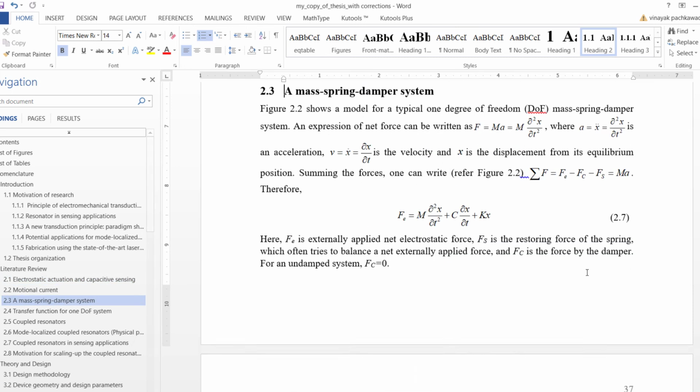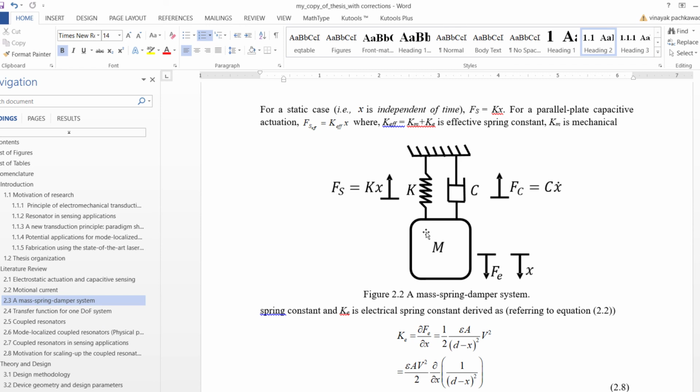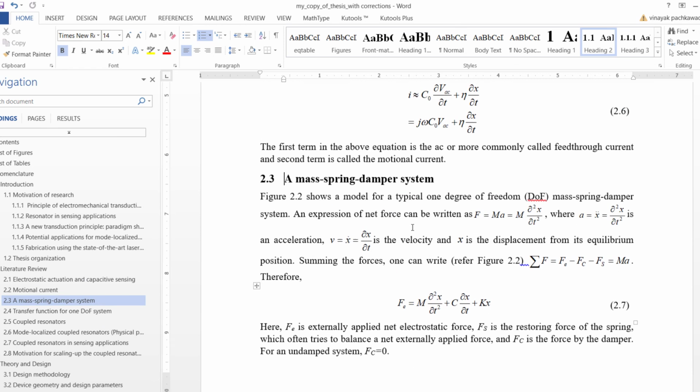So coming back to this proof mass spring damper system, what we can do is that the net force, that is the total force, we can write as F equals ma, where m is the mass and a is the acceleration. Acceleration is basically a double derivative of the displacement, which is x.